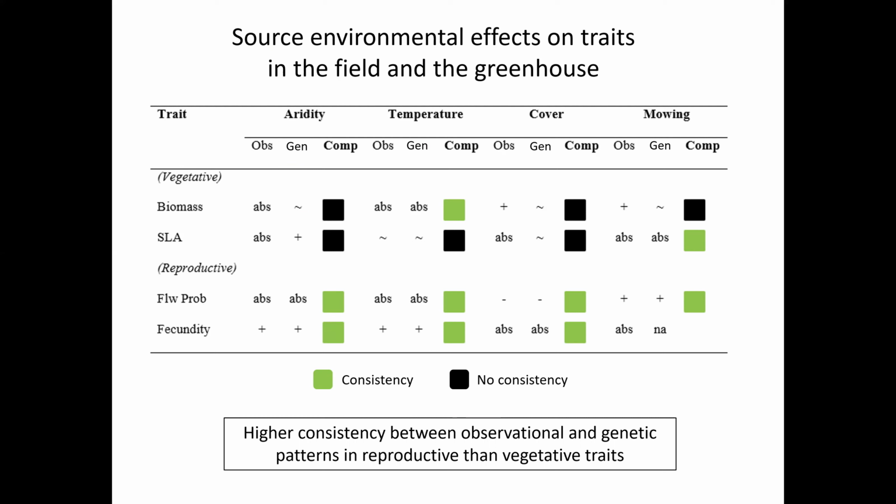Okay, and these different patterns arise from the previously mentioned differences found between vegetative and reproductive traits in their genetic and plastic responses to environment.